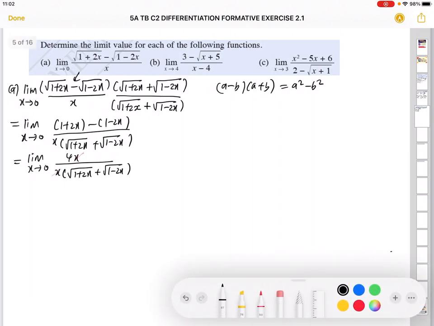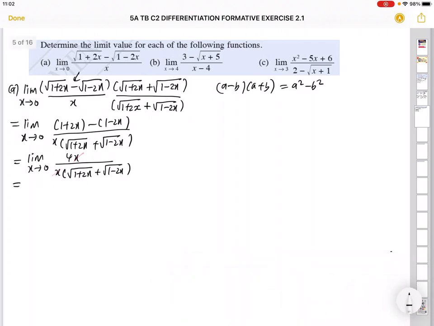Because of space constraint, I'm just going to sub in directly here. So I cancel the x, no more x. I'm just going to put 0 inside. So it's 1 plus 0 plus 1 minus 0. So you get 4 over 2, which is just 2. Sorry, space limitation, I have to do it this way.